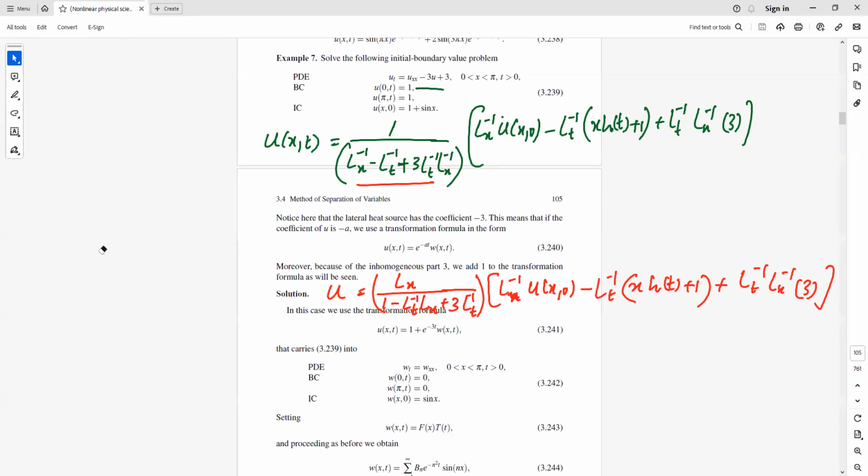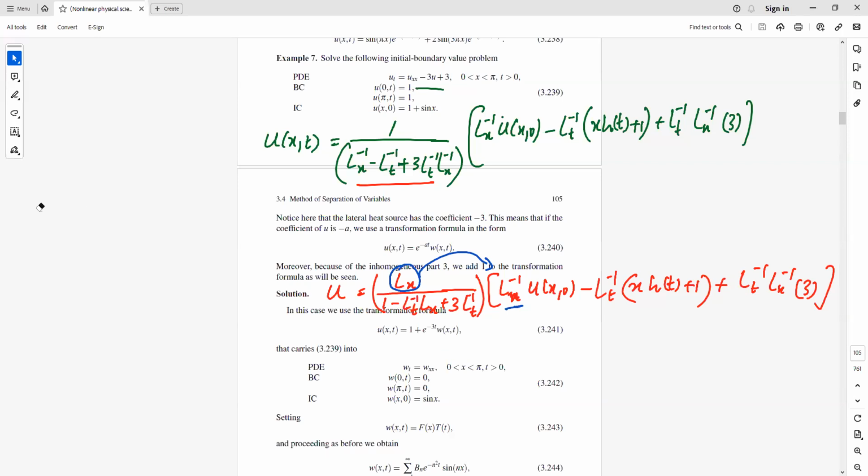Now we can see that when this Lx is applied onto this whole function, we are only left with U(x,0).